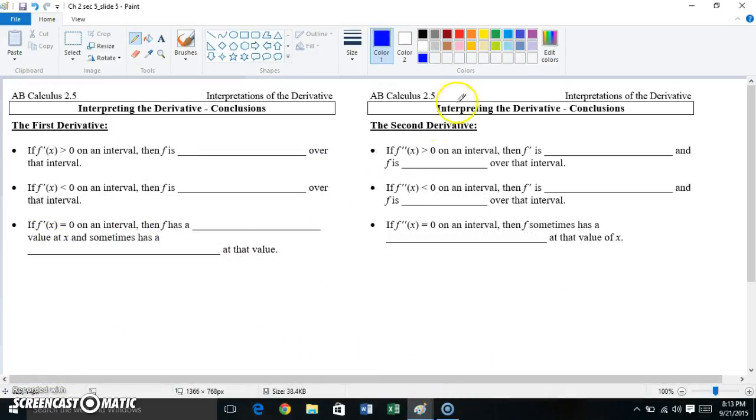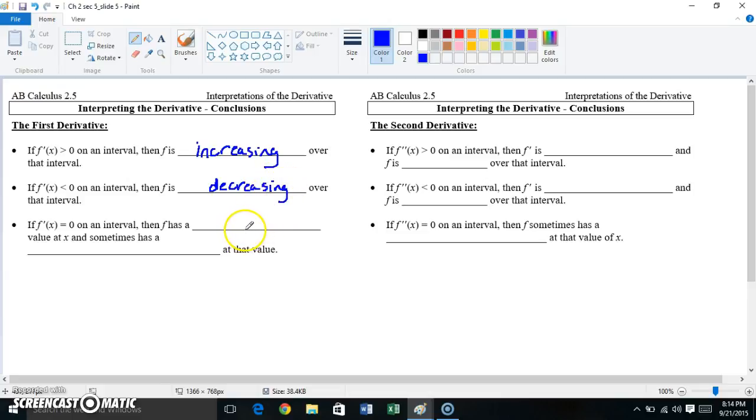Okay, summarizing before this video runs out, if f prime of x is greater than 0 on an interval, then f of x is increasing. If f prime of x is less than 0 or negative on the interval, then f is decreasing. So that means y values are going down.